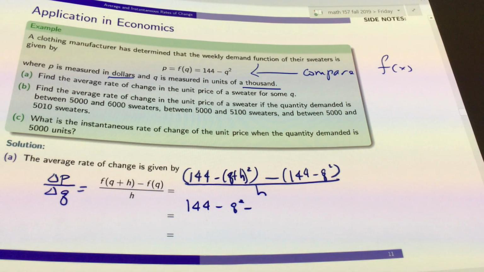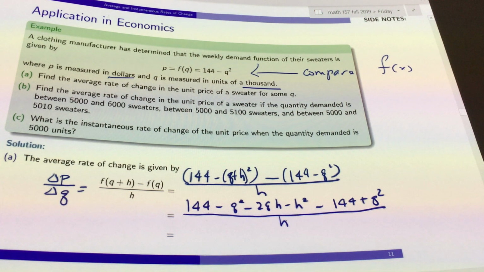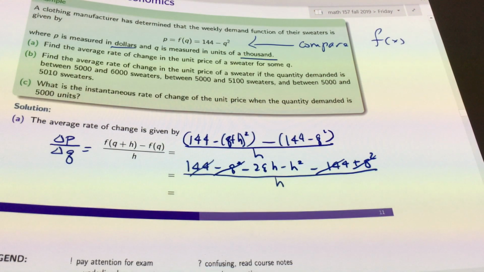Q squared minus 2qh minus h squared, and then plus q squared, and over h. And then you have a lot of terms we usually cancel. You actually will cancel all the terms without h. Okay, so you see that in the first term I have 4 small terms and 2 terms independent of h, and they will all cancel.